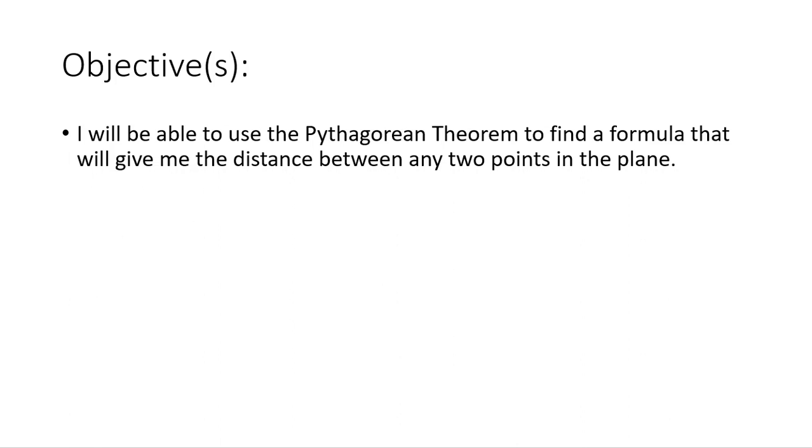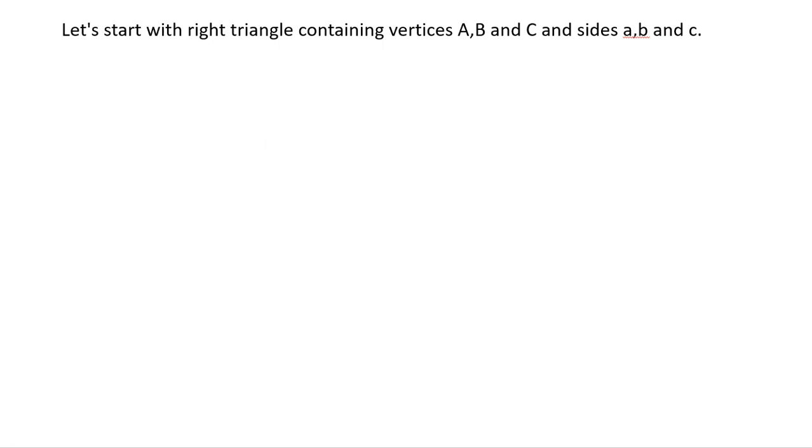So let's get started. Let's start with the right triangle containing vertices A, B, and C and sides a, b, and c as follows. So we do have a right triangle. This is the vertex A. Therefore, this is going to be the side a that is directly opposite from this point.